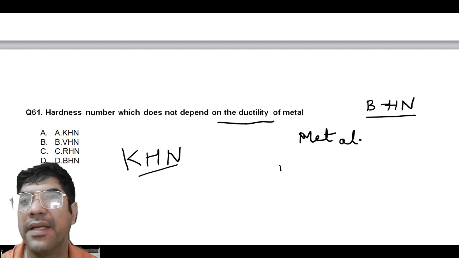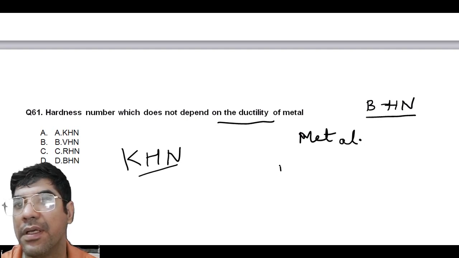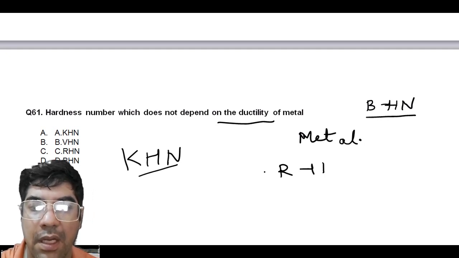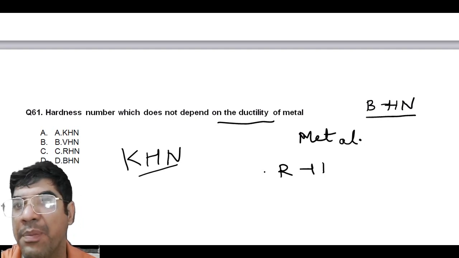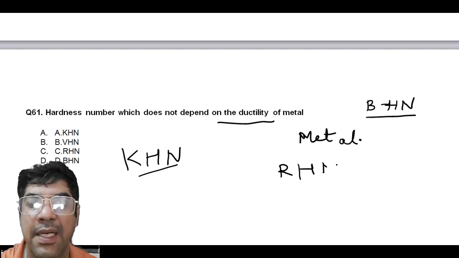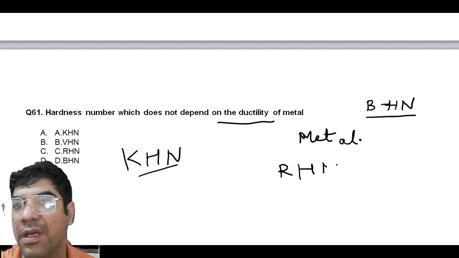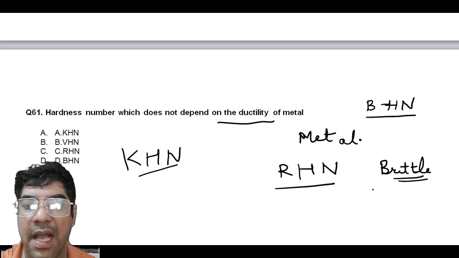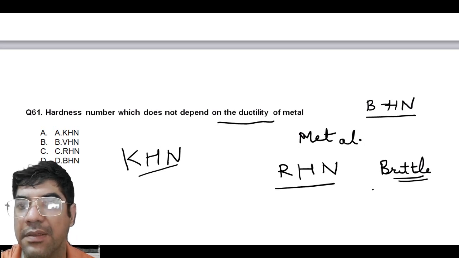The Rockwell hardness number has a wider application, since the Brinell test is unsuitable for brittle material as well as plastic material.